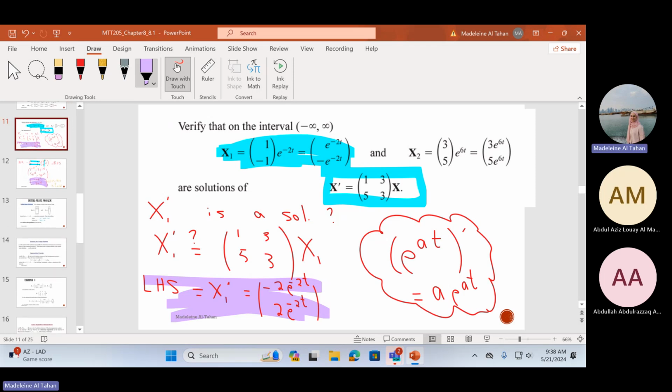Okay. Did we get the left-hand side equal to the right-hand side? Who got it, other than Amr and Ahmed? Yes. The others? Okay, let's wait a couple of minutes.